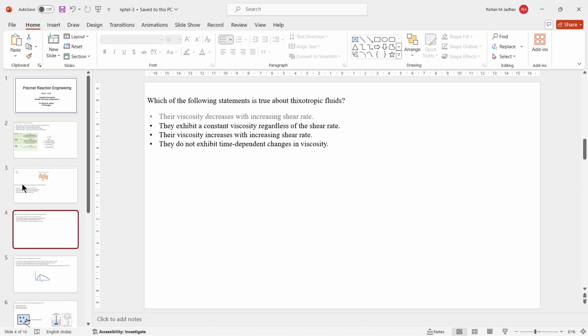As the shear rate is increased with respect to time, the viscosity decreases, which means the fluid is thinning out. That is exactly what a thixotropic fluid is. Whereas for a rheopectic fluid, its viscosity will increase with the increase in shear rate. So that is a rheopectic fluid.